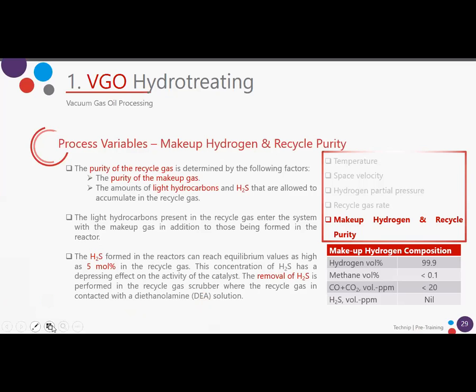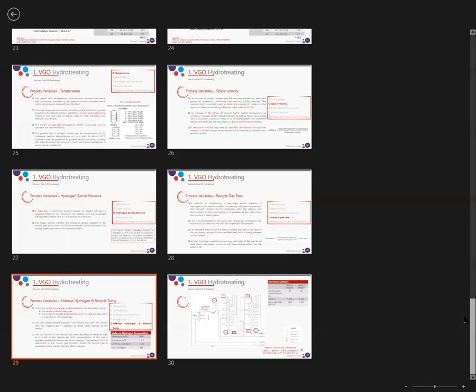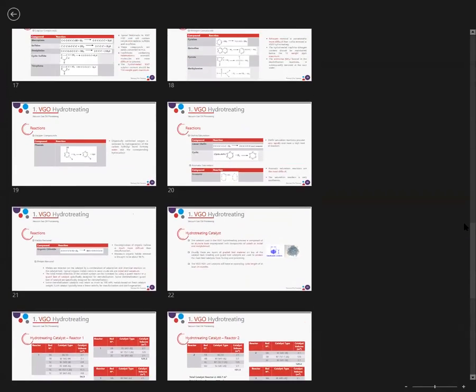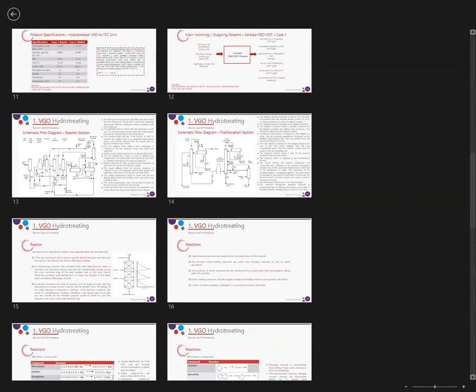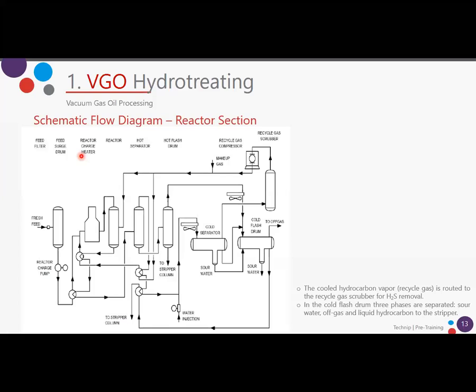Maybe we can go a little bit to the PFD, because now, knowing these concepts, we can go to this. Okay, remember that when we saw the process description, this is the makeup gas, which now we see uses high purity hydrogen, and you have here the recycled gas. Okay, that comes from this hot separator, and then goes to this vessel, to this scrubber.